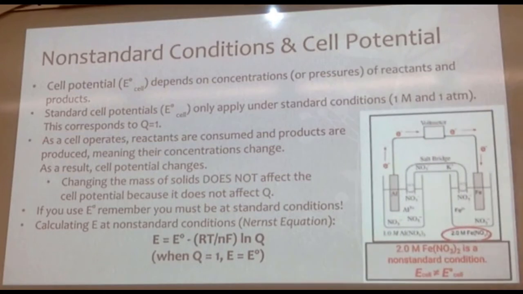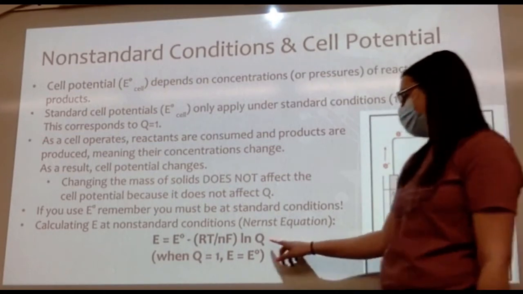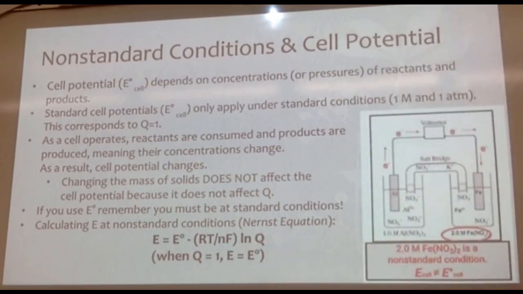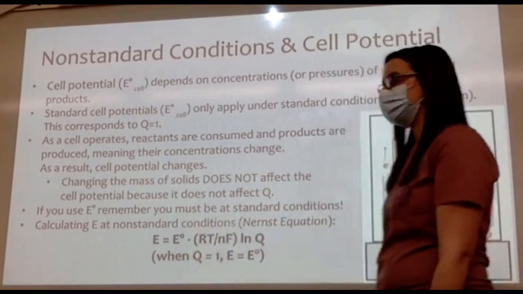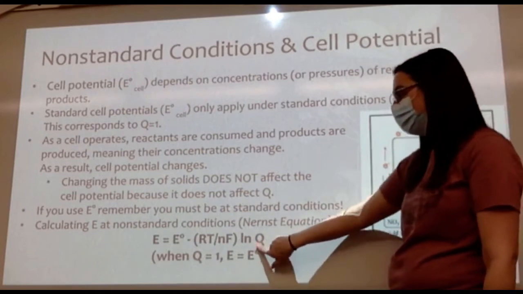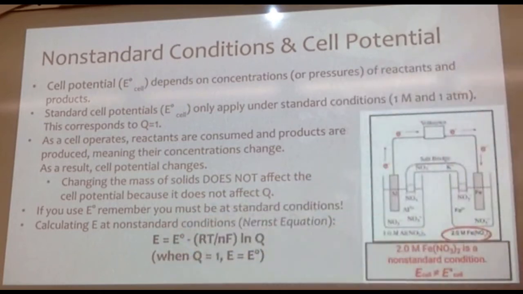We look at it more qualitatively, which is why it can be pretty challenging. When Q is 1, when we're at standard conditions, the natural log of 1 is 0. So our cell potential equals our standard cell potential. But as Q changes, the cell potential changes because we're no longer at standard conditions.